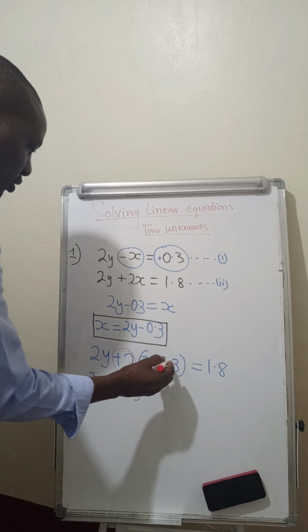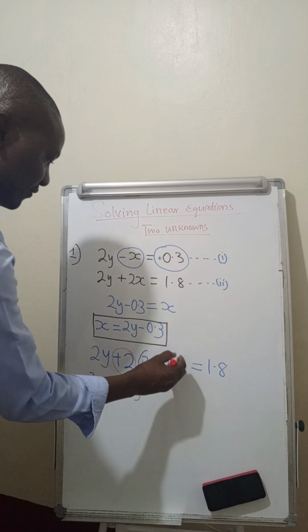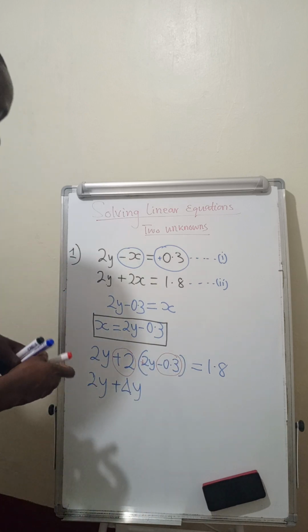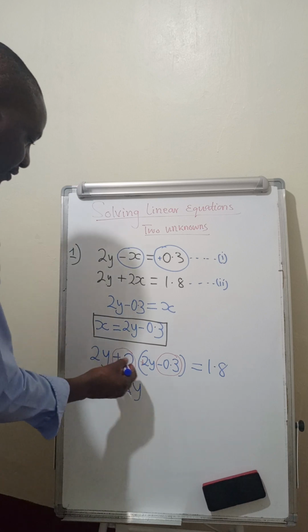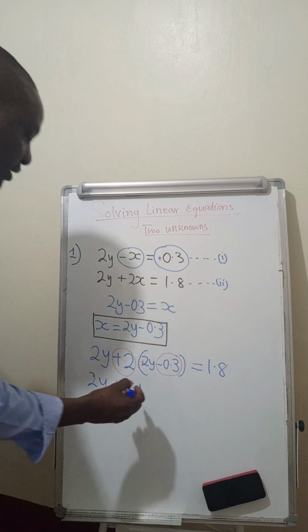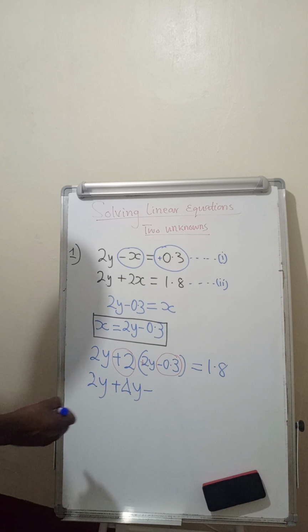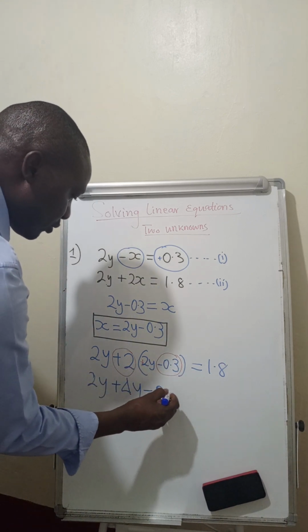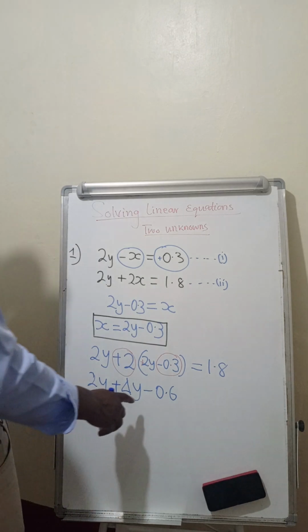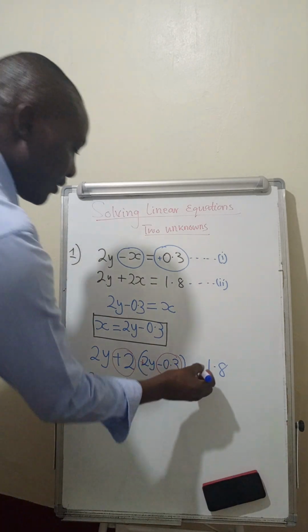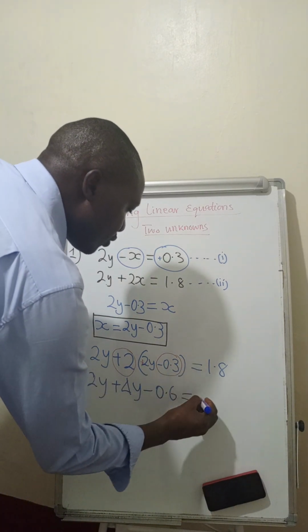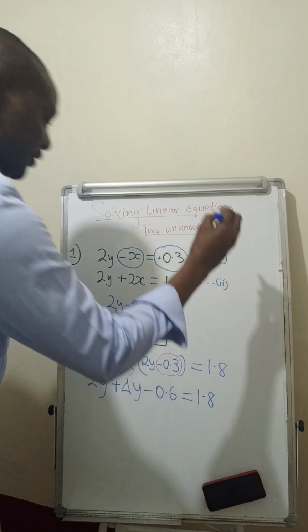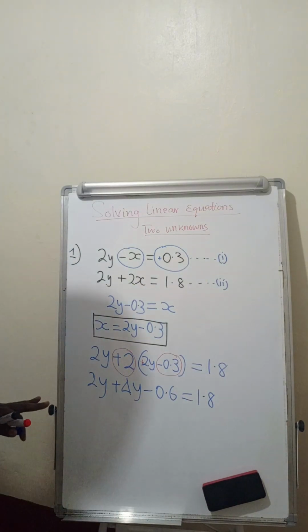Positive 2 times negative 0.3. Positive times negative, you will get negative. So 2 times 0.3, you get 0.6. So we have our negative 0.6. Then equal sign, what do you have here? 1.8.